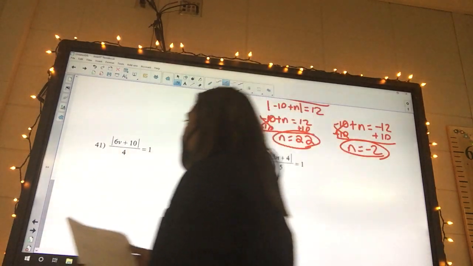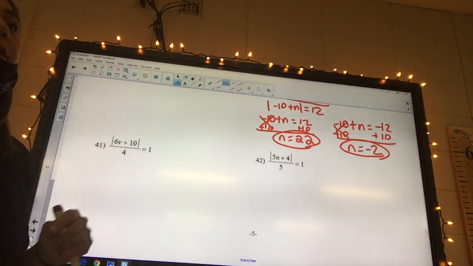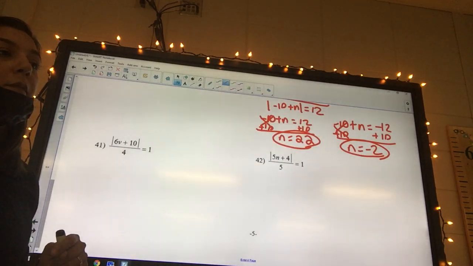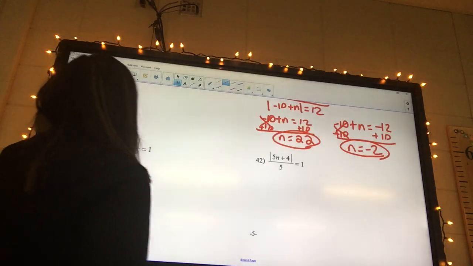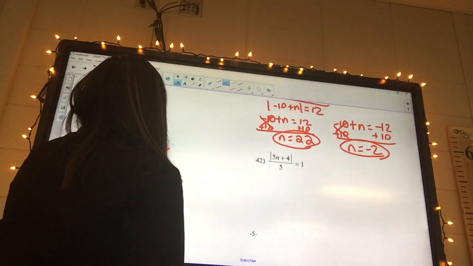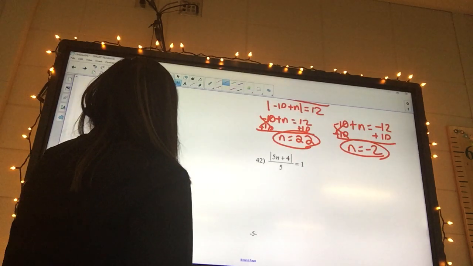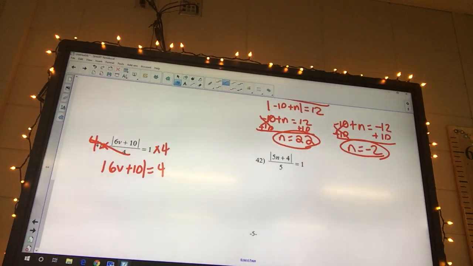Okay, 41 or 42? 41. Okay, what's our first step going to be? Multiply both sides by 4. So is our absolute value all by itself? Yeah. So now what do we need to do? Write it twice.